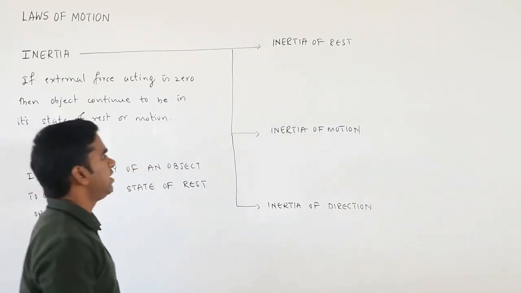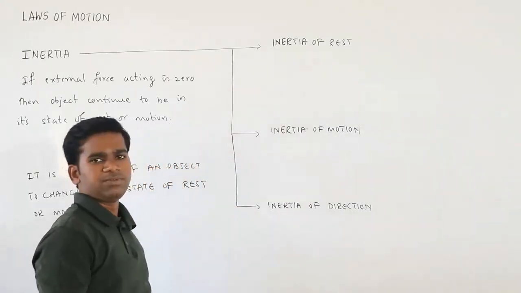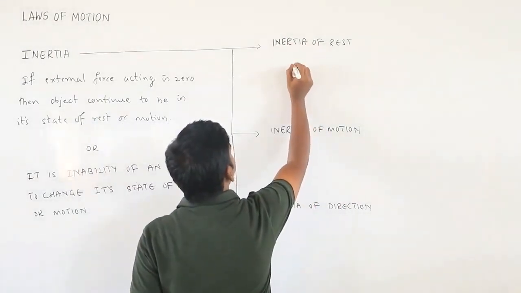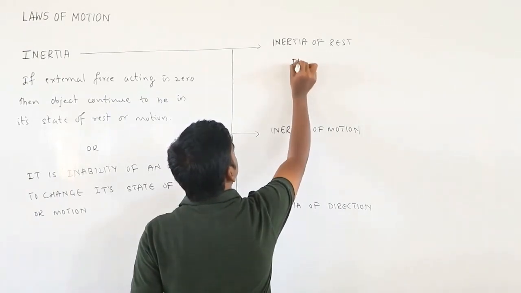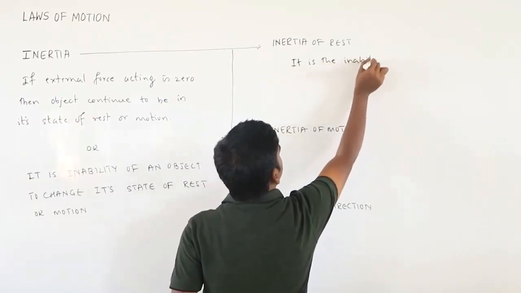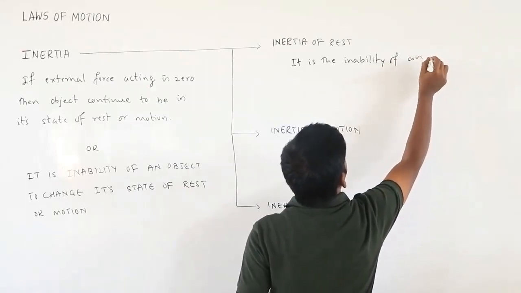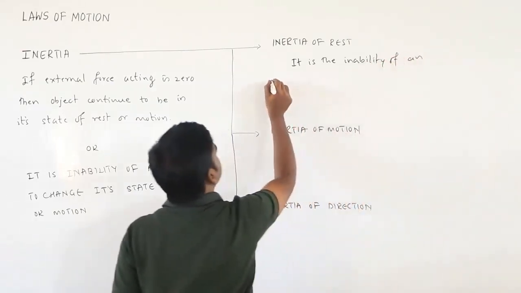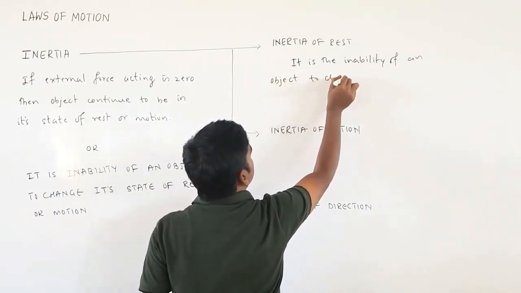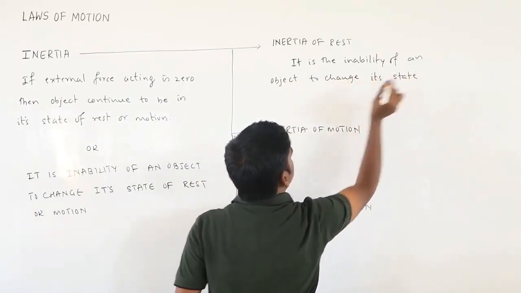So how can we define what is inertia of rest, what is inertia of motion, and what is inertia of direction? Okay. So inertia of rest means it is the inability of an object to change its state of rest.